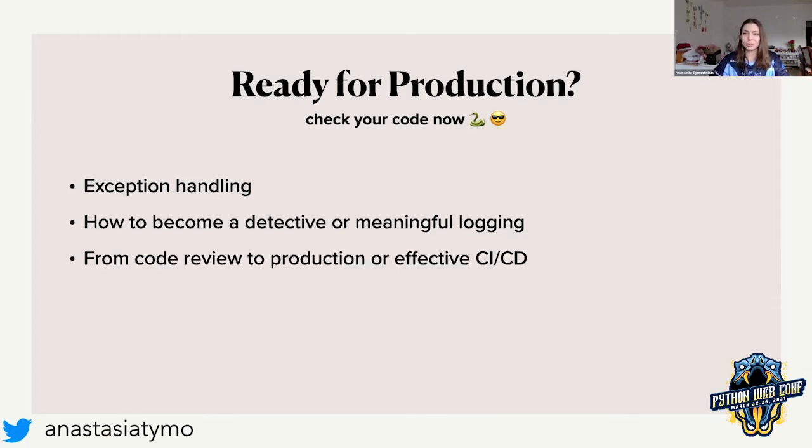Then the next one would be how to do proper code reviews in production, or how to automate it more and then set up effective CI/CD pipelines. The next one would be Docker, how to easily set up Docker images, how to secure them, and how to make sure that you are downloading the right image.